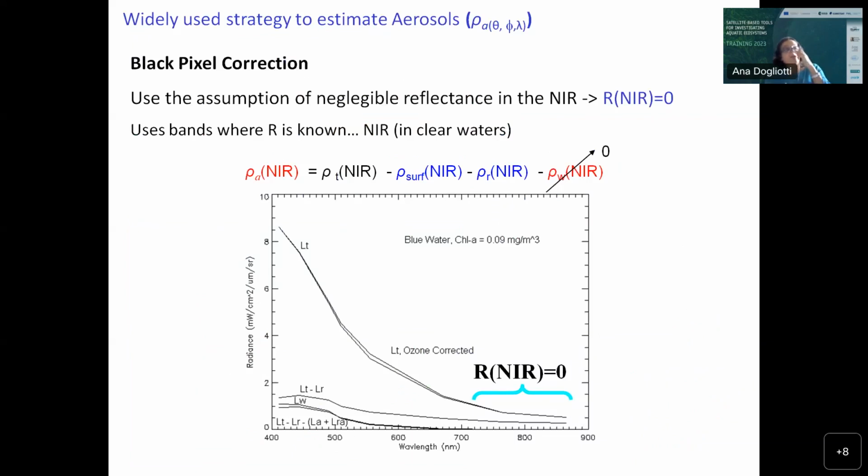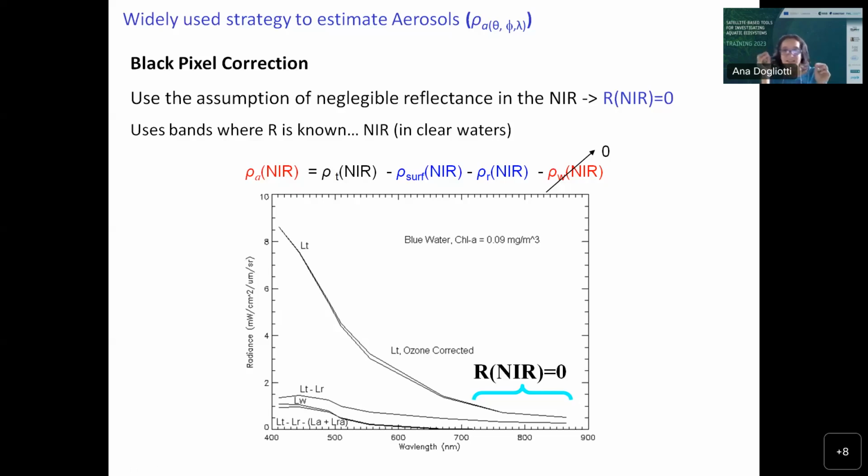And what I want to mention is the typical or standard atmospheric correction, which uses the black pixel assumption. So in a few words, this atmospheric correction uses the assumption that the reflectance in the near infrared is 0. As I mentioned before, one of the characteristics of water absorption is that it's really high in the near infrared.